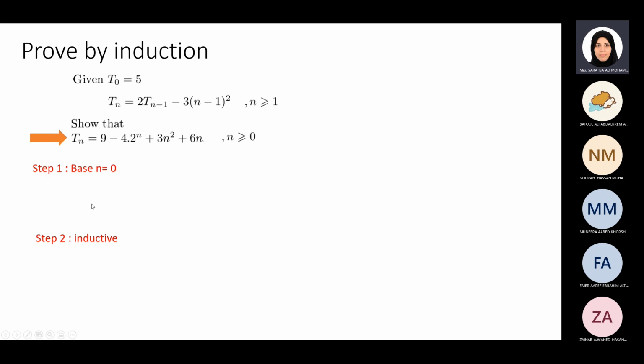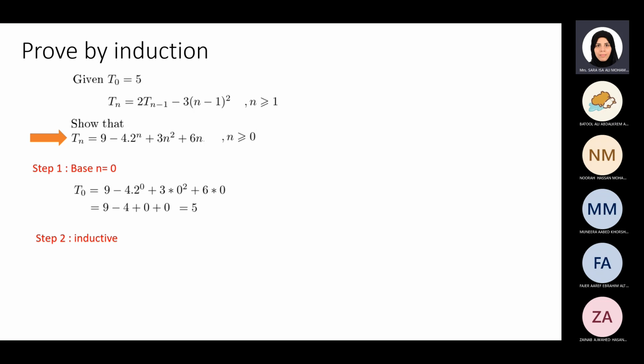Now, if I want to substitute, I have to substitute here. What is T0? T0 is equal to, then I will substitute: instead of n, whenever I find n, I will replace it with 0. I will get 5 as a result. Now, is this true or false?